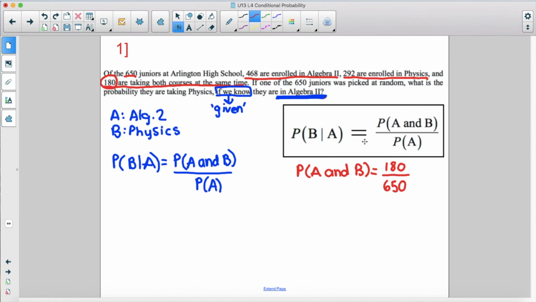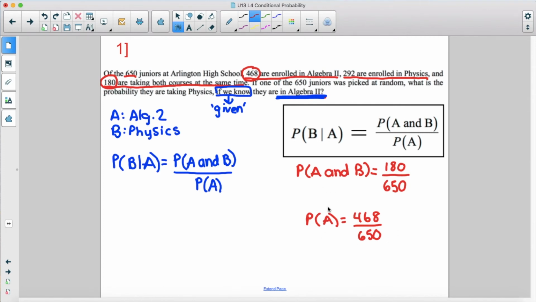Okay, so that's the probability of A and B. Now we have to find the probability of A. So the probability that they're in Algebra 2. If we look here, 468 students are enrolled in Algebra 2. So that means 468 out of the 650 students are in Algebra 2.